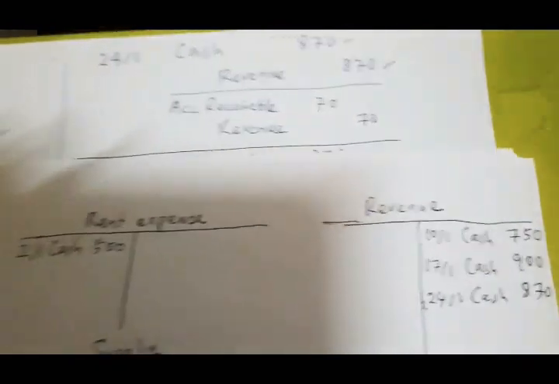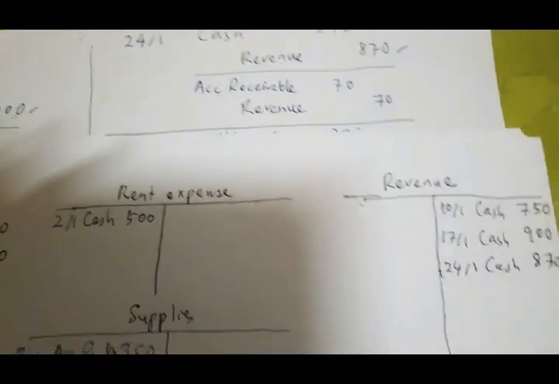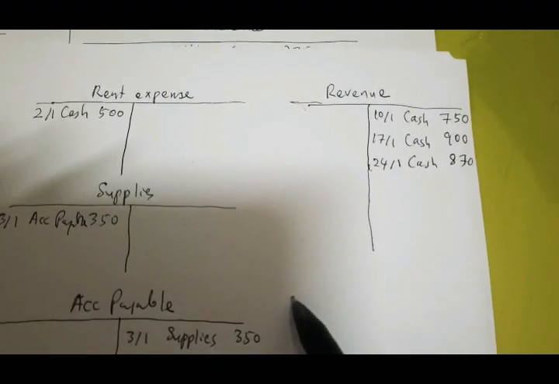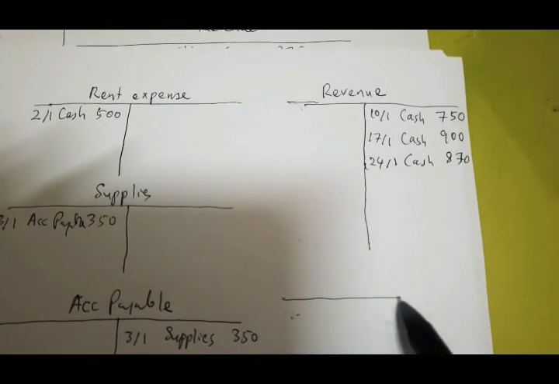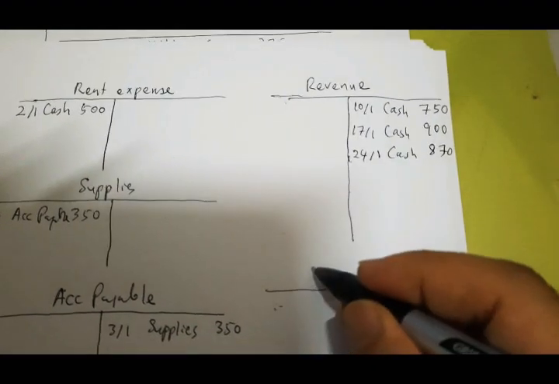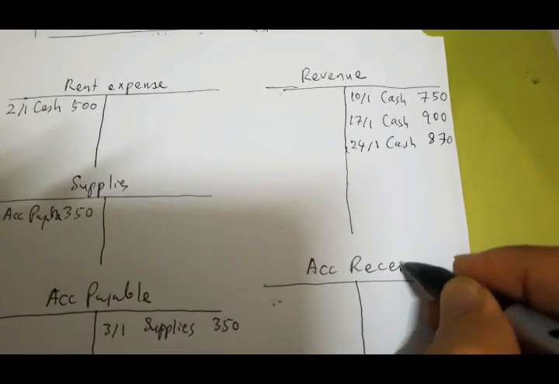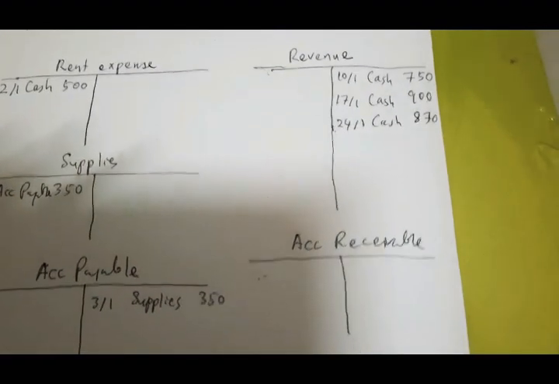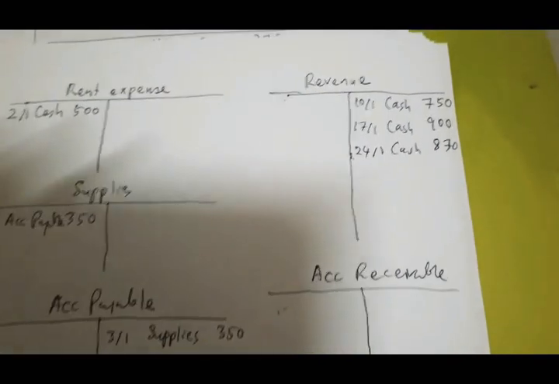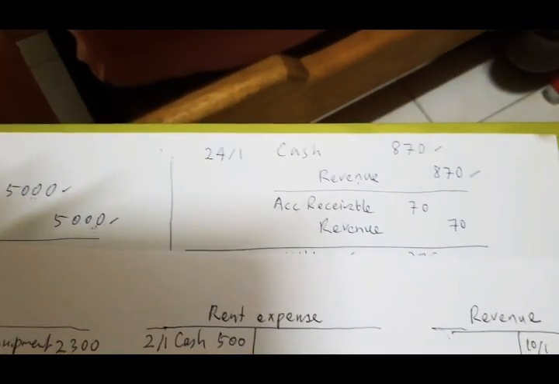The next thing is debit account receivable 70. Okay, we don't have account receivable yet, so we create a new account for account receivable. So here debit account receivable 70.